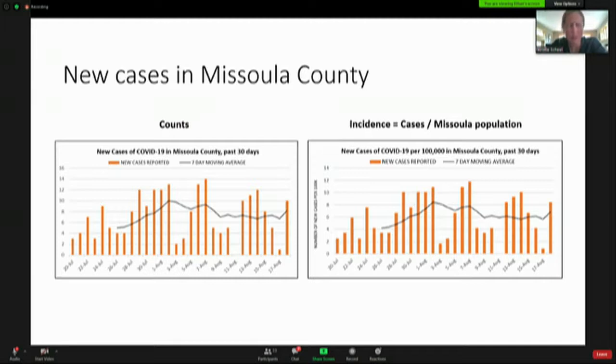And one last note on reported case counts. The state dashboard, as you know, oftentimes is reporting new cases very inconsistent with what we're reporting here at Missoula County. And you probably noticed there were some days where the state was reporting 20 or 30 new cases for Missoula, which was highly inaccurate.